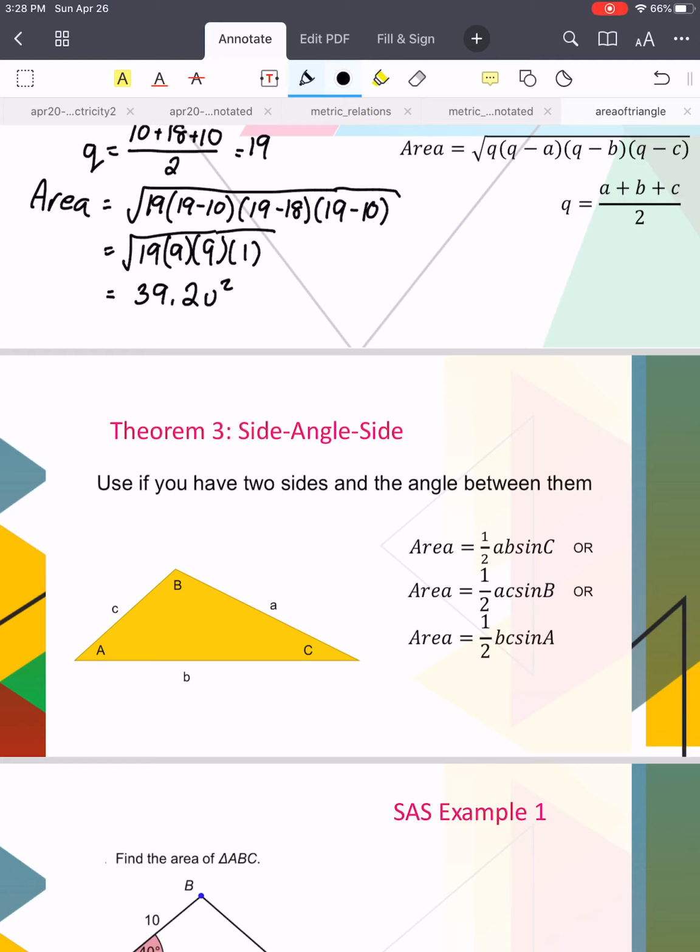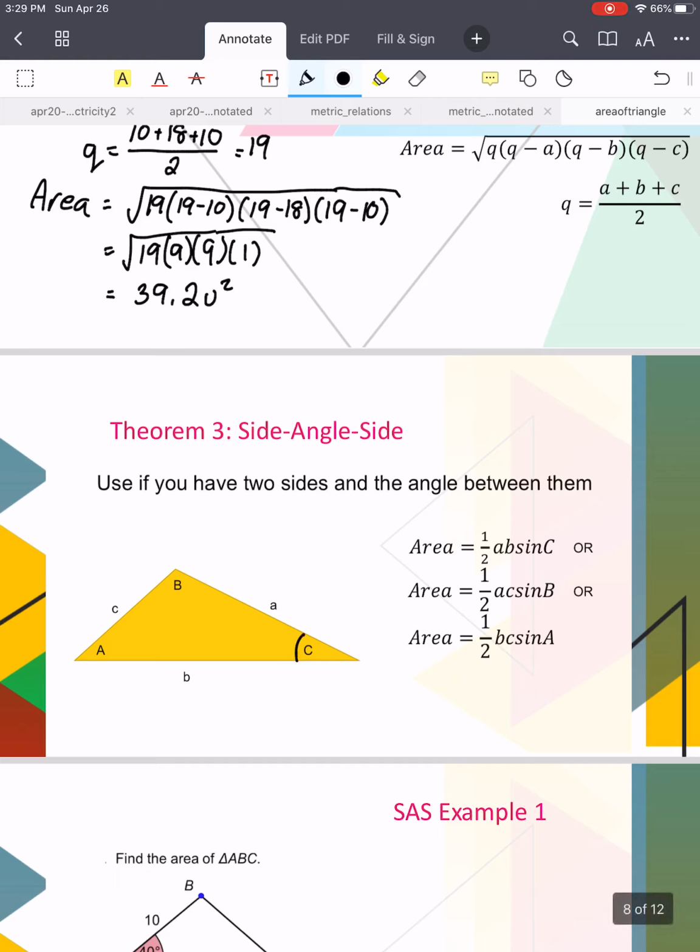I give you all 3 versions of this formula because I think it makes it a little simpler. It's half of the product of the 2 side lengths that you're given times the sine of the angle in between them.